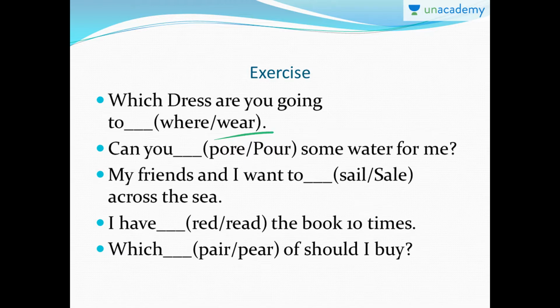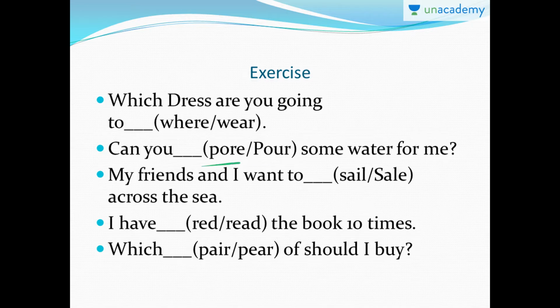Next one. Can you pour some water for me? PORE is the pores on your skin. That means small openings on the skin is called a pore. POUR is to pour water from a jug, or to pour milk from a jar or something. Okay, POUR is to pour it into a glass or transfer it from one container to another container.